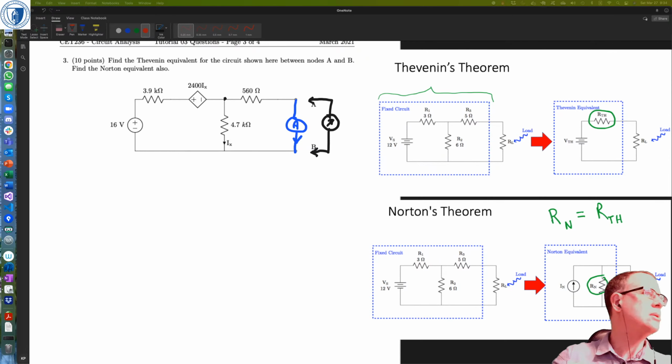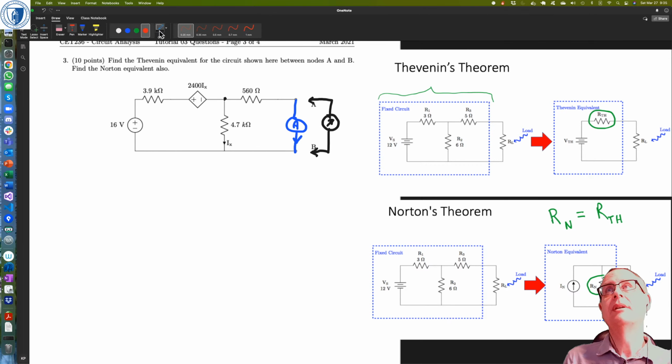So let's have a look. The first part is to decide which technique you're going to use, and simply because you always need the VOC, the open circuit voltage, which is what that black tool is doing.